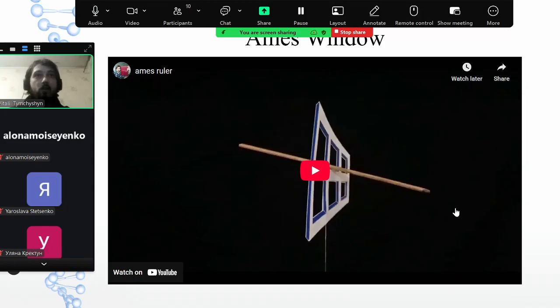This thing will rotate. And I want you to look at whether it looks to you like the ruler and the cardboard rotate in opposite directions. Let me know in chat whether you see this sort of effect.